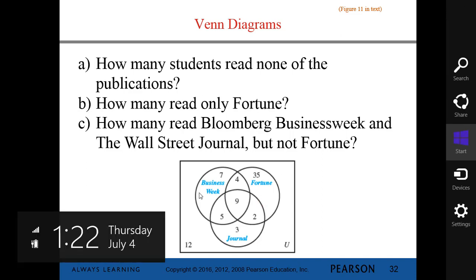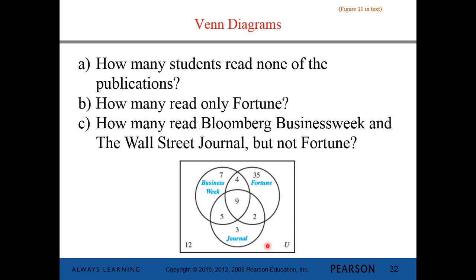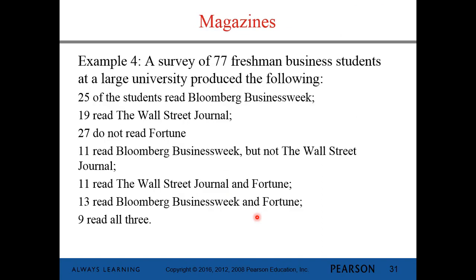So we know, well, let's see, how can we do this? We've got these 3. Let's go back. So we got Bloomberg in here, Wall Street Journal in here. Oh, here.